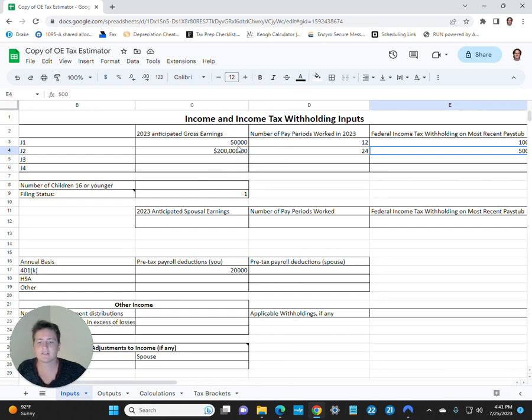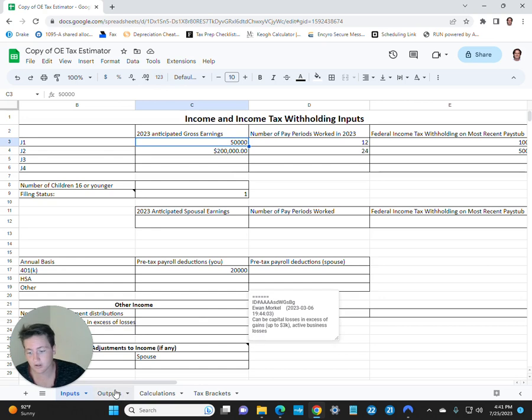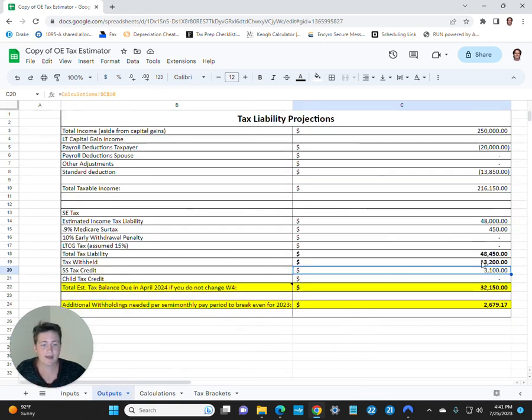But if, let's say, you have another job, so you reach the Social Security wage base at J2 because you're making over $160,000, but J1 doesn't know you've already made $160,000, so they also withhold 6.2% of all of your wages on this $50,000. So you're going to get that back in the form of this $3,100 here.